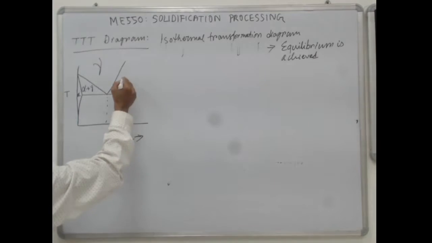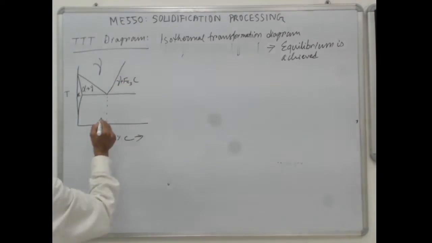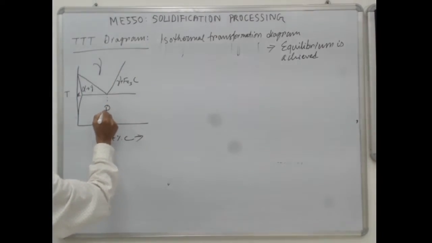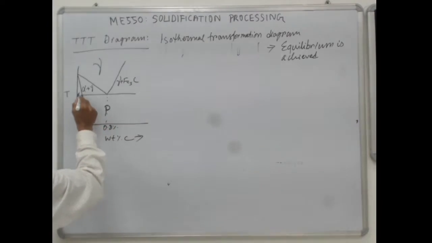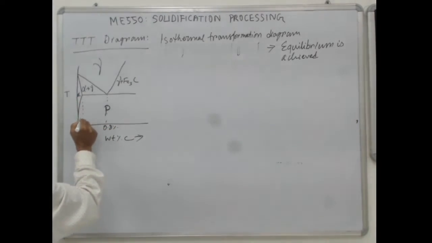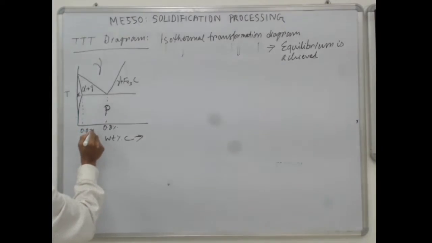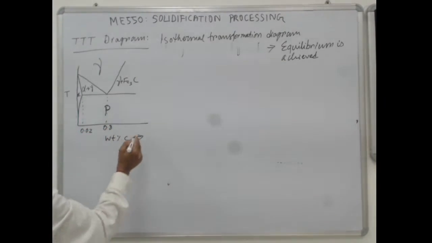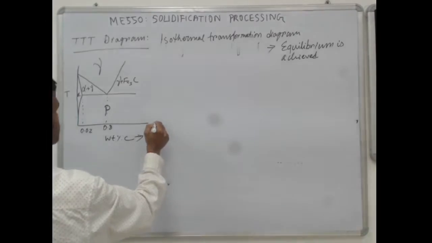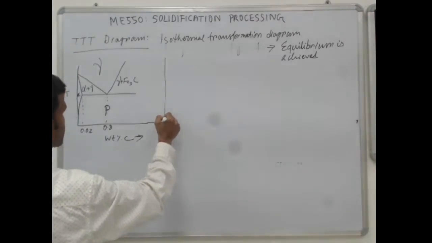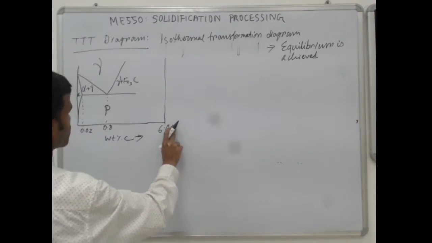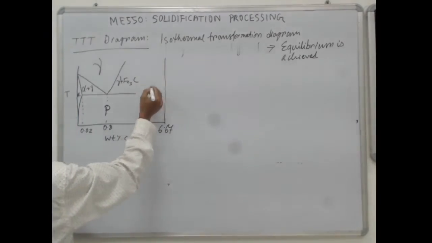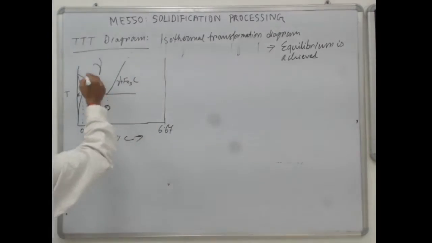Here you have gamma plus Fe3C, and here you have perlite. So this percentage is 0.8% carbon, here it is 0.02%. And in the end it will be 6.67% carbon. So we are not drawing this part, this is only a part of the phase diagram.